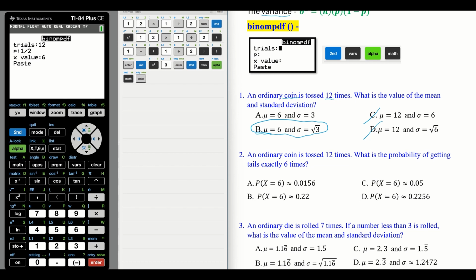Okay, so we can enter. We have a half. There are 6 future times that we're predicting. So x is your prediction, and it has to be an exact number. It can't say more than or less than or anything different. And our probability is consistent. So enter, enter.